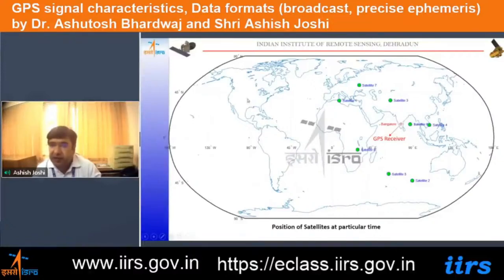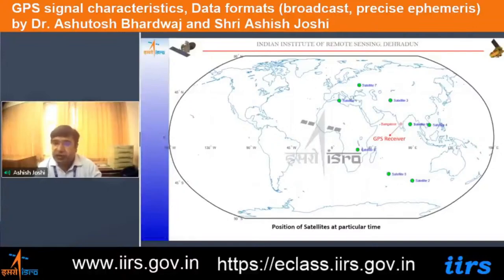We have plotted in MATLAB the different satellite positions derived from the navigation message file. This is how these 7 satellites are spread at a particular time for the GPS receiver at Bangalore.